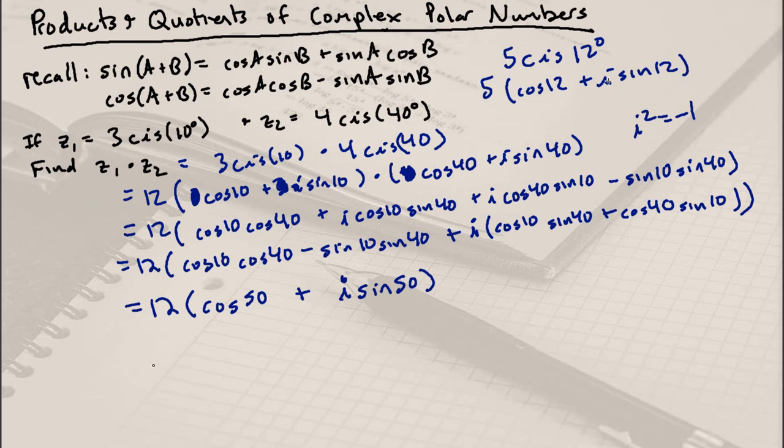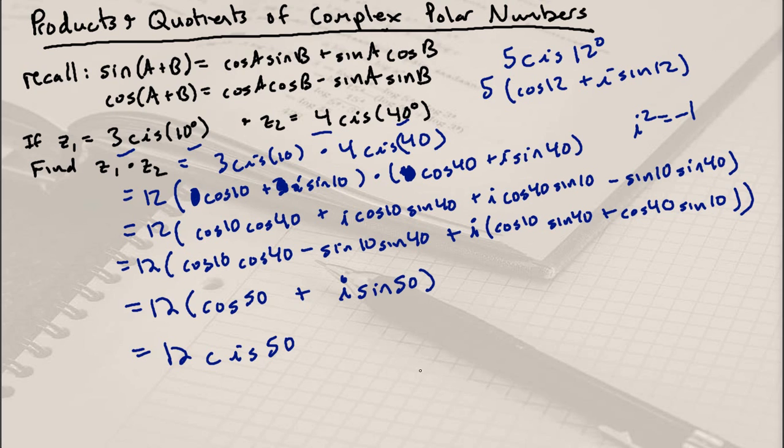This is our CIS format, so 12 CIS 50. If we look back at the beginning, we see that the 12 comes from 3 times 4, and our 50 comes from simply adding our angles.